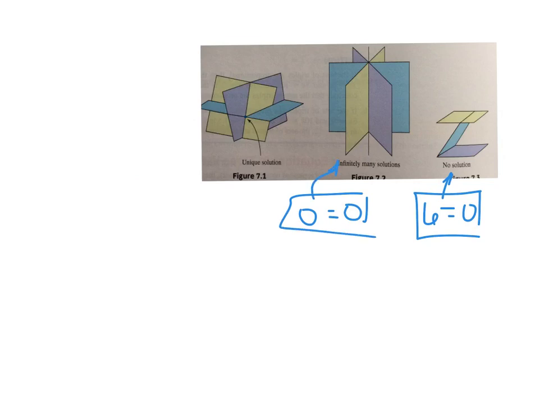And it's the same way with this here. If you're plugging away and you get something really psycho like this, that means there's no solution, so you might as well stop. If you get something like this and your variables disappear, that's okay. You just write down infinite number of solutions. If you get numbers, like we did in the last two examples, that means you have one point that works.